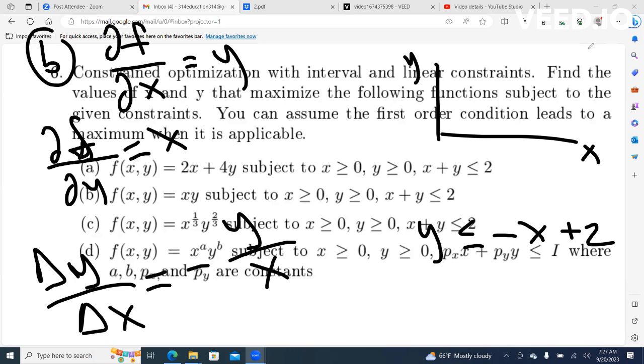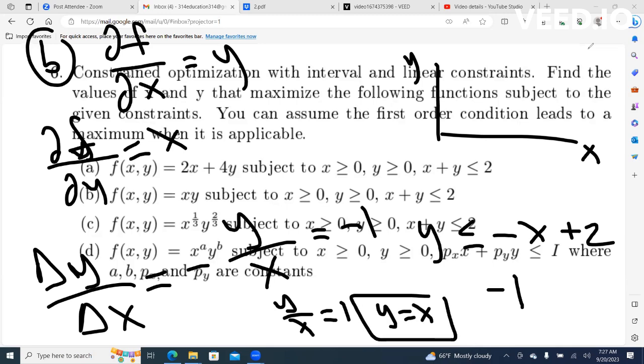So remember, this is the slope formula over here on the left, and we have our constraint. We take our slope from the constraint, which is just negative 1, and we set it equal to our slope formula. That's what we said a moment ago. So we get y over x equals 1, and we get the little equation y equals x.